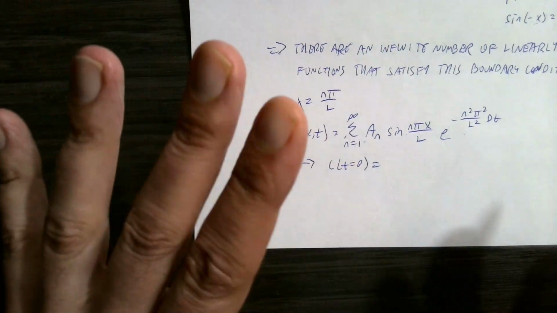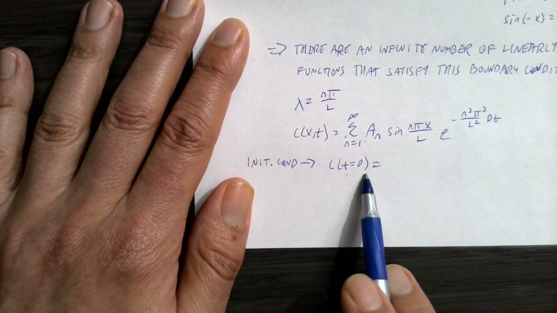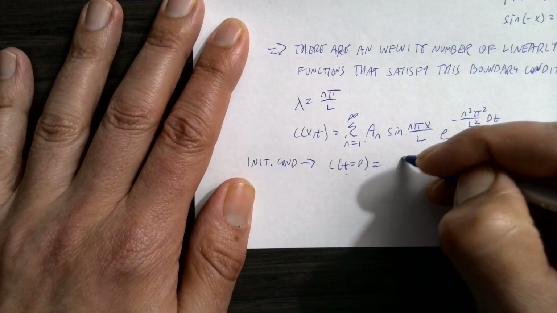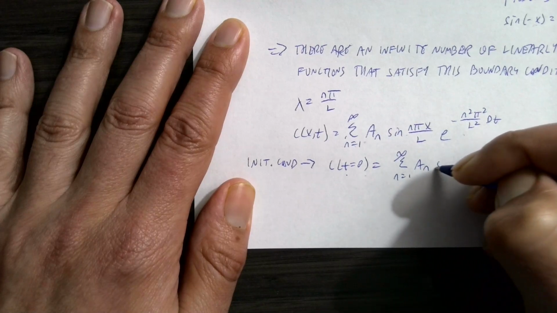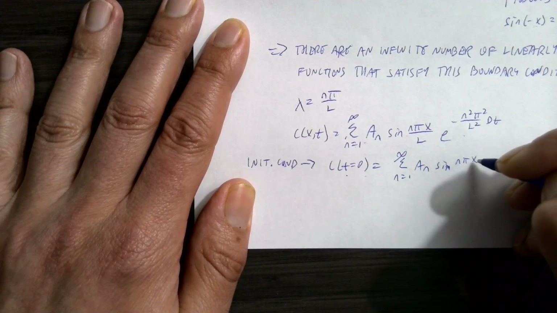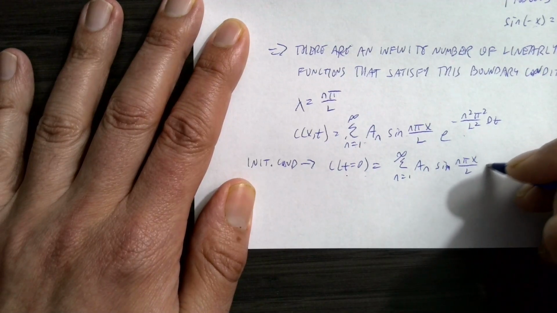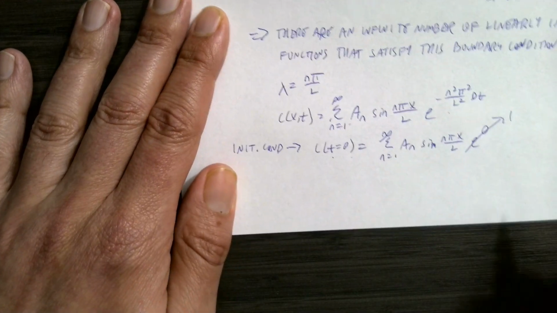It seems impossible, but it's not. Okay, so looking at the initial condition now, our last thing, c at t is equal to 0 has to be equal to the sum from n equals 1 to infinity of a sub n times sine of n pi x over L times e to the 0. Okay, which just becomes 1, right?